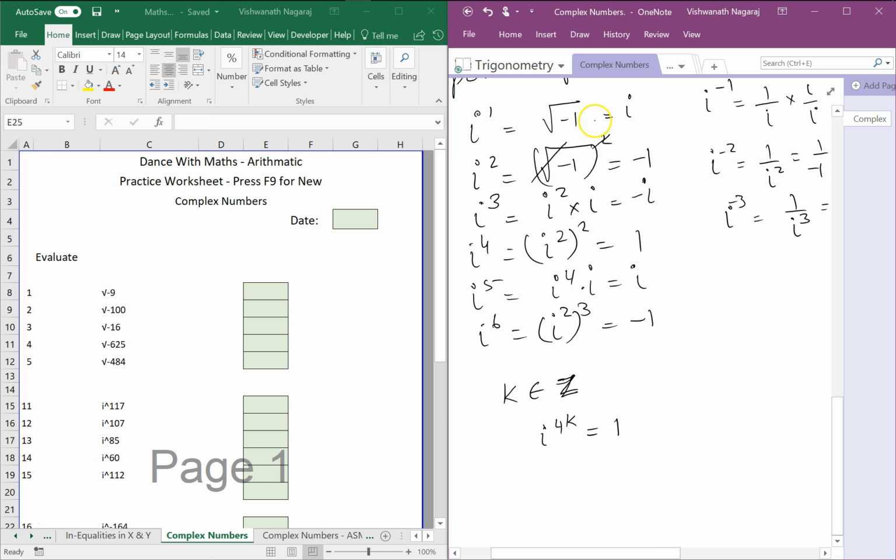Remember, anything to the power of 0, if k equal to 0, i to the power of 0 is 1.